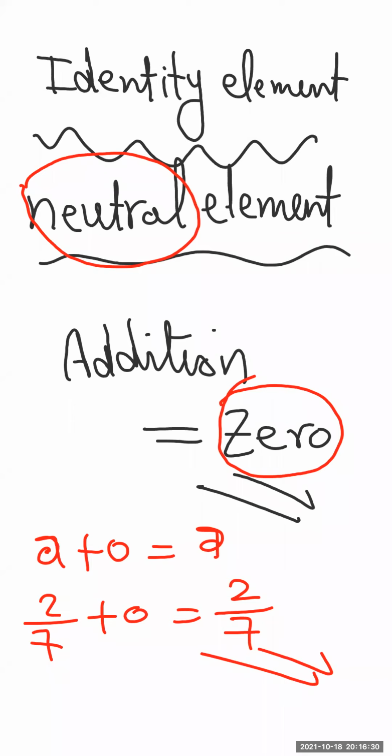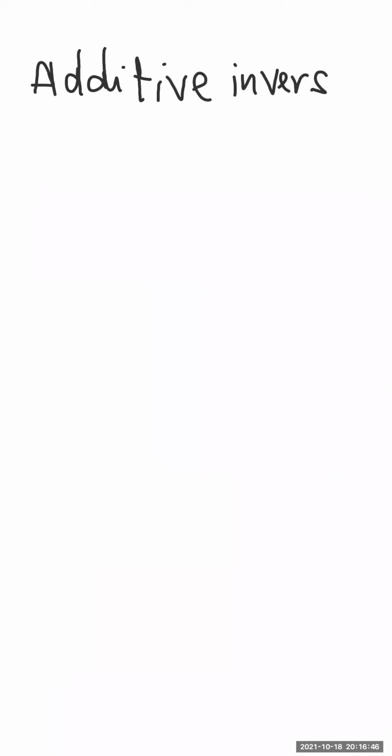The next point is very important. We studied that one before, but let me remind you. It's the existence of the additive inverse. So what do we mean by additive inverse? Simply, guys, if I want to get the additive inverse of any number, just change its sign.